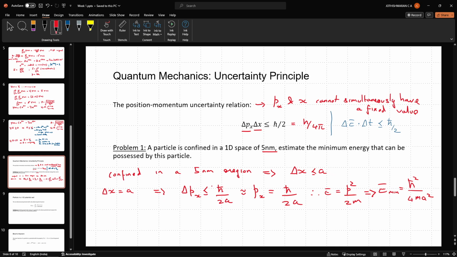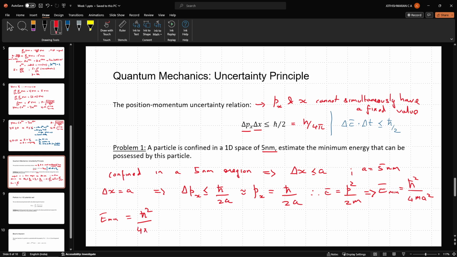So in the case where a is equal to 5 nanometers in this problem, I'm not going to do the exact calculation, I will just use the order of magnitude and say what range the energies will be in.